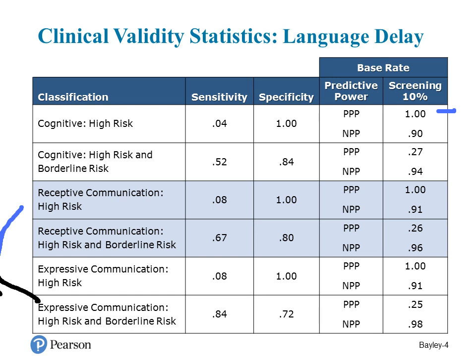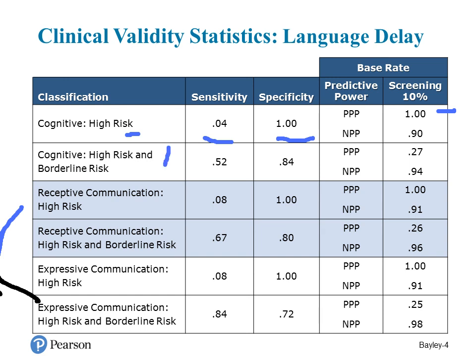So when you look at the cognitive subtest, the results up here for the high-risk category indicate a sensitivity of 0.04 and a specificity of 1.0. When we look at predictive power, notice your positive predictive power for a base rate of 10% is 1, and negative predictive power is 0.0.